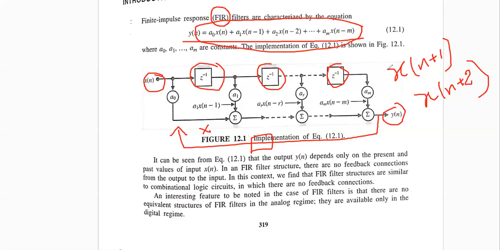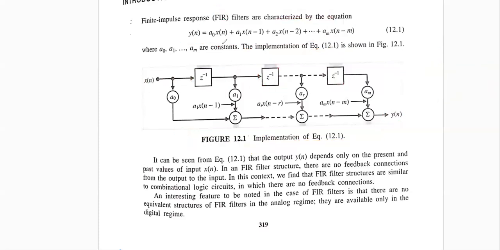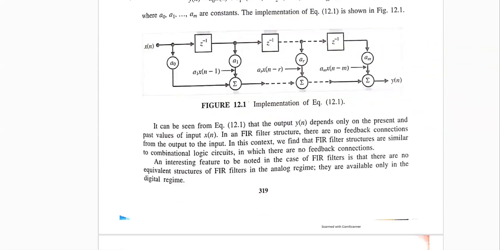However, for practical implementation, we always look for the causal system. Causal system means you need the present input and the past inputs, and that shows the causal system. So the FIR system is not a recursive system. So there is no feedback. That means there is no recursion in this kind of system.